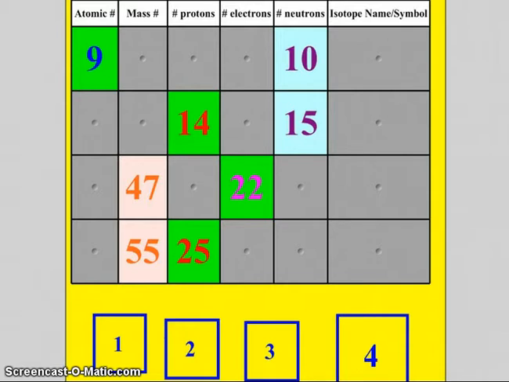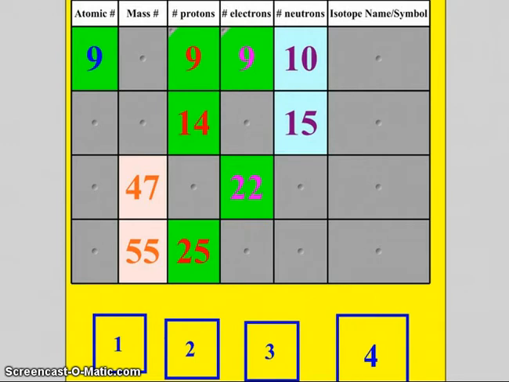Okay, so for the first row, I see atomic number is 9. If the atomic number is 9, the definition of the atomic number is the number of protons. So the number of protons is 9. We also know that all atoms are electrically neutral. So if there are 9 positive protons, there must be 9 negative electrons.